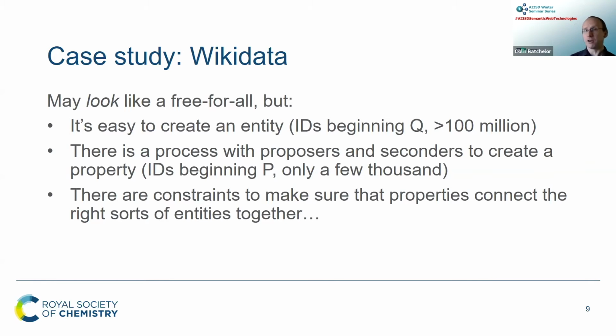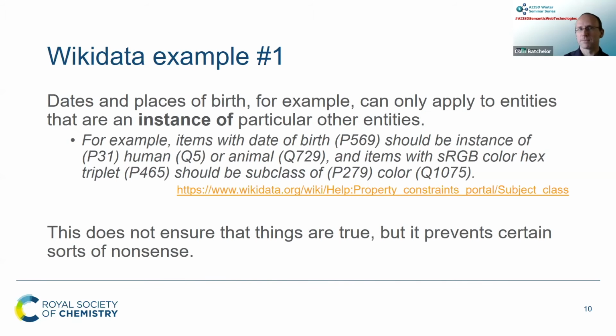Sammy mentioned SPARQL, which is a query language, something like SQL for relational databases, but for the semantic web, which drives the following. If you add a date of birth to an entry in Wikidata, then a wee flag will pop up, unless the entry has the right sort of metadata associated with it.